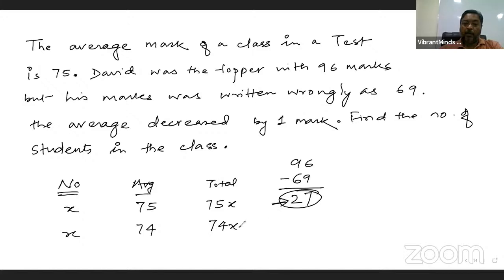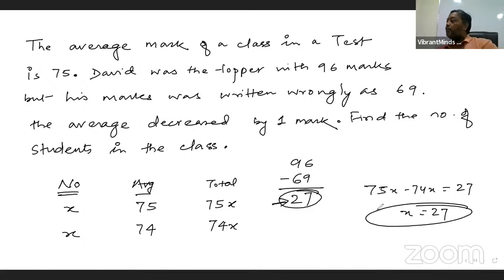Because the number was wrongly entered. So can I say 75x minus 74x is 27, or x is 27? Did you get my point? Is it okay, guys?